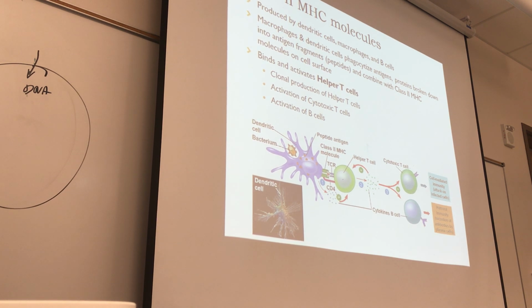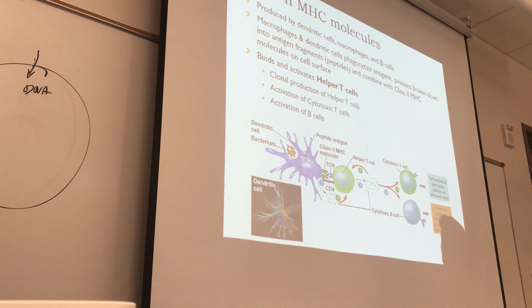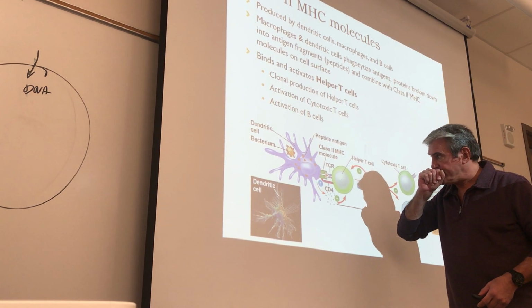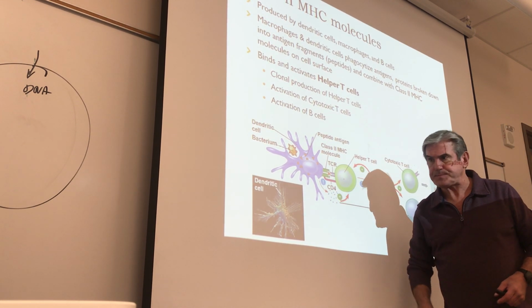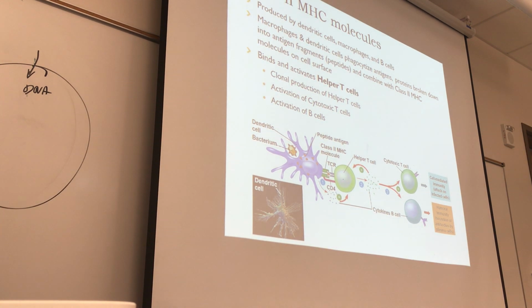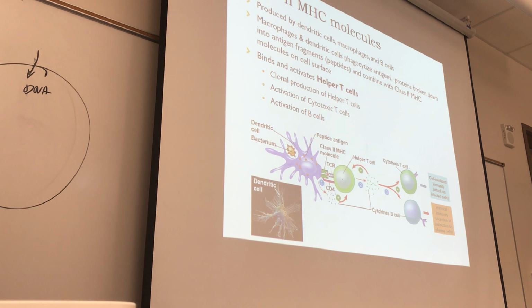It's class 2 MHC. The cell that binds to it is a helper T cell. It has a CD4 marker. When they bind, the T cell is activated. The helper T cell does not kill anything.